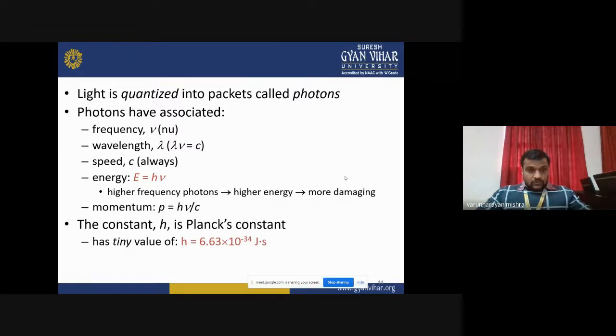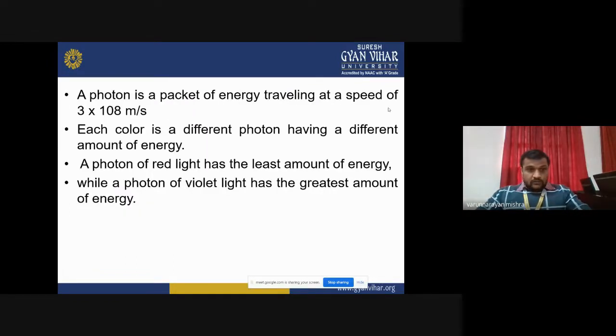Okay, so this is all about the photon. As we know, a photon is a packet of energy that travels with the speed of light, and a photon of red light has the least amount of energy in comparison to shorter wavelengths. When we talk about the visible portion of the electromagnetic radiation, the red portion of the light has the least amount of energy in comparison to the other parts of the visible portion.